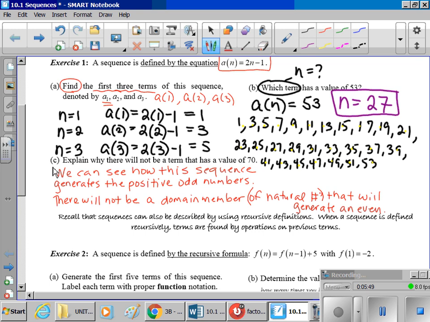And if you didn't write all those numbers down on the top, if you weren't sure, you could even generate some more of those, even up to 70, and say how that's not going to be possible.